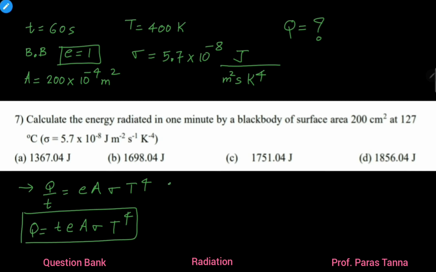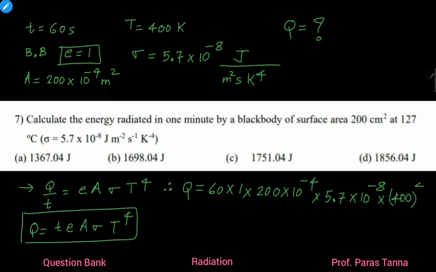That means students, we get Q, that is heat radiated, is equals to time, which is 60 seconds, into small e emissivity is equals to 1 into surface area of the body 200 into 10 raised to minus 4 meter square into sigma Stefan's constant 5.7 into 10 raised to minus 8 in SI units into T raised to 4, that means 400 the whole raised to 4.